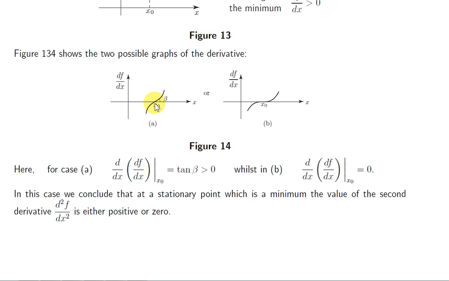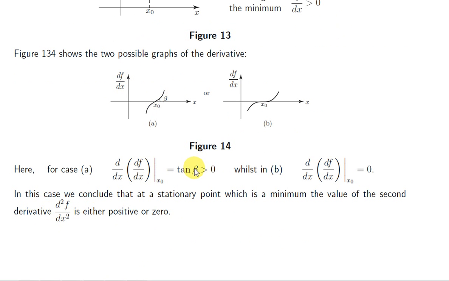So the slope of the tangent to this graph at x0 is the derivative of df dx with respect to x at x0, and that's d2f dx2. And that must equal tan beta, so beta will be some acute angle. So beta is the angle between the positive x-axis and the tangent to this curve at x0.